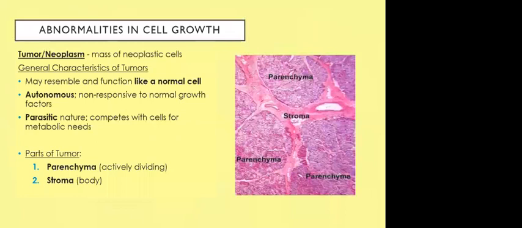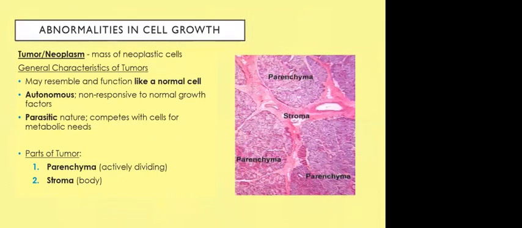Now let us discuss the characteristics of our tumor or neoplasm. A tumor usually resembles the normal cell. Sometimes it can be unidentifiable, and sometimes the degree of differentiation is identifiable.